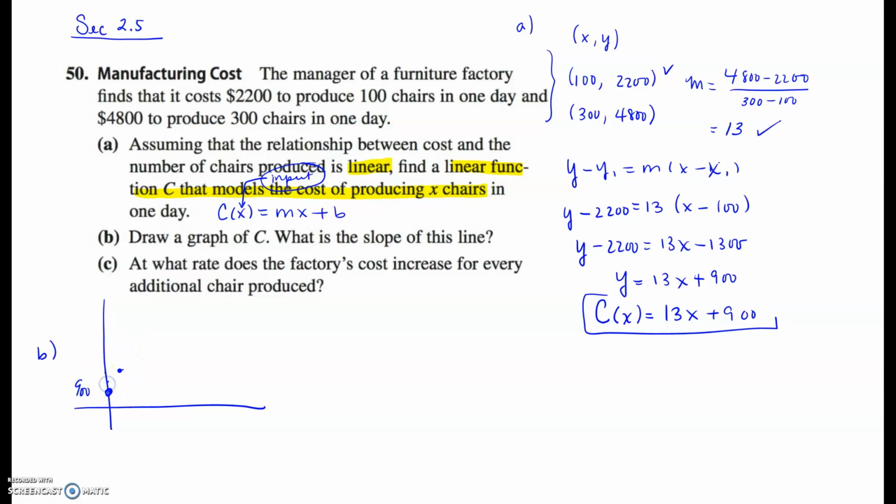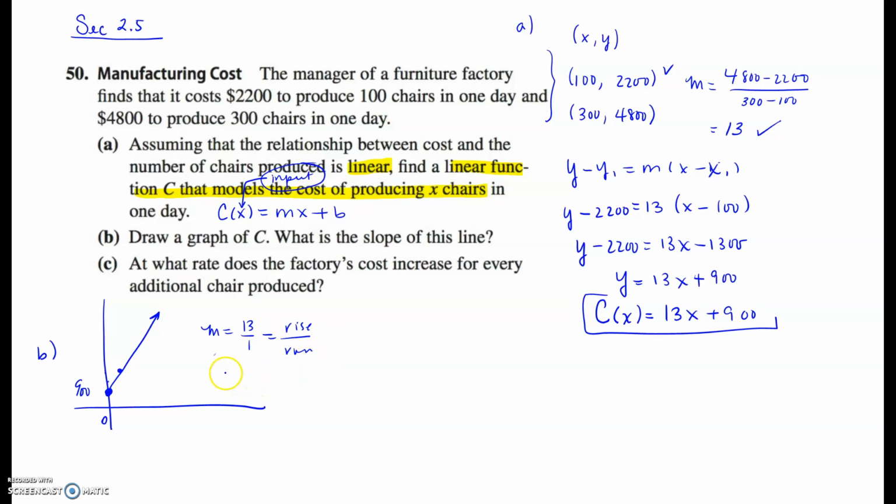Run is 1. And so I'm going to just start this at 0. And that's just indicating that cost isn't negative. Cost starts at 900 and just goes up from there. Okay, so that's our slope, 13 over 1, which is rise over run.